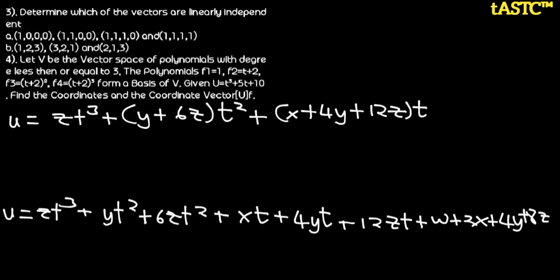And the last one is pretty much just going to stay the way that it is. So this is going to be w plus 2x plus 4y plus 8z.